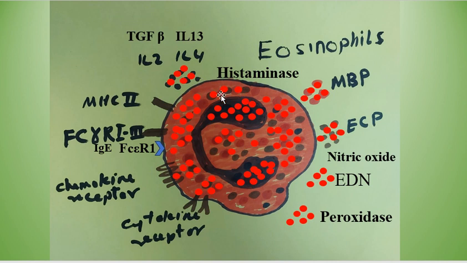These in red are acidic granules of the eosinophils, and eosinophils produce major basic protein, eosinophil cationic protein, nitric oxide, eosinophil-derived neurotoxin, and peroxidase.